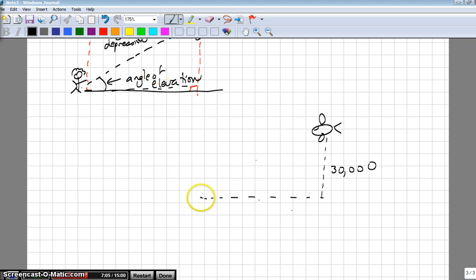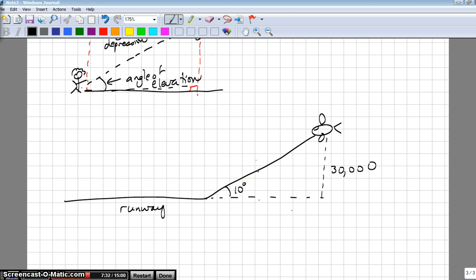So the runway starts, let's say, here. It says, to guide the airplane to a safe landing, the airport's landing system sends radar signals from the runway to the airplane at a 10-degree angle of elevation.